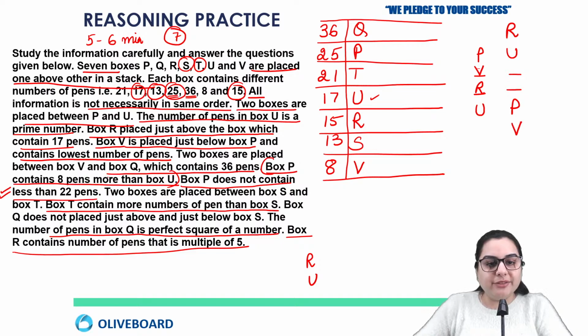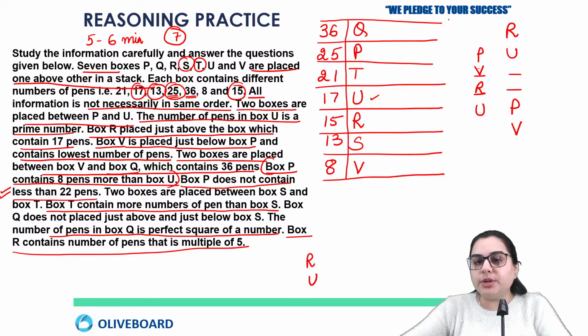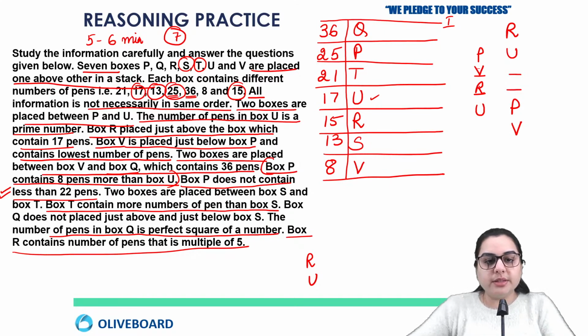Next we have that there are two boxes placed between V and Q. Now if I check the first possibility, it is expanding, because either I can write Q below V, or I can write Q above V. So let us make two possibilities for the first possibility.